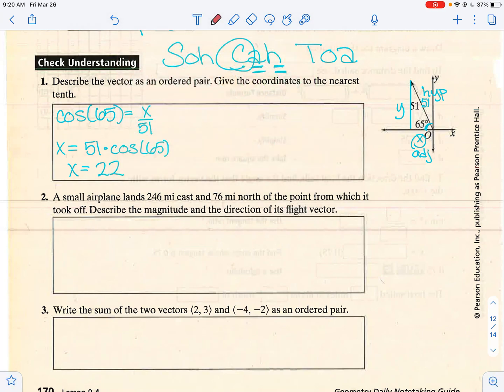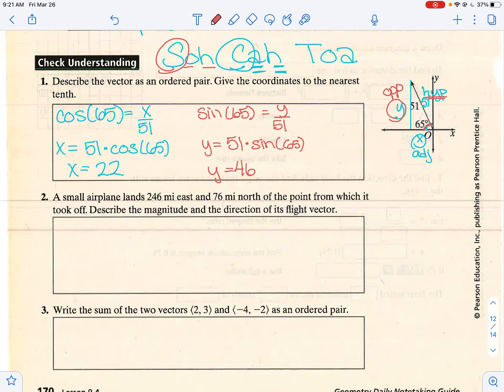Okay, then we need to find y. So y would be opposite of 65, and we're still using the hypotenuse. So opposite and hypotenuse would be sine. So we're going to use sine to find y. The sine of 65 equals y over 51. And so now we need to do 51 times the sine of 65 to get y. And if we put this in our calculator, we get about 46.